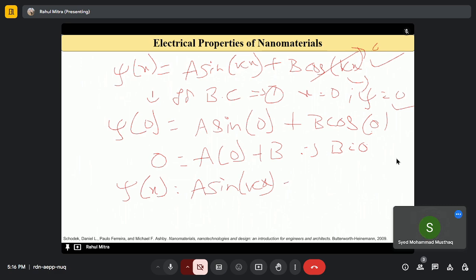Now let's differentiate the equation. Dou psi by dou x equals ka cos kx, right?